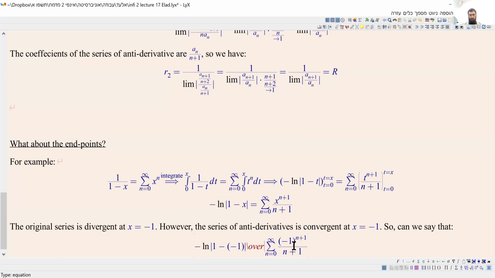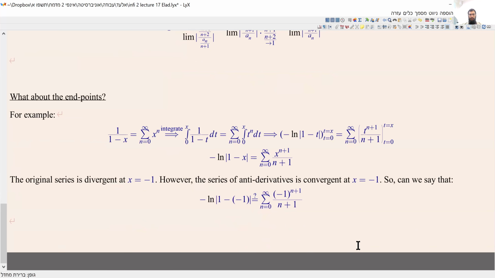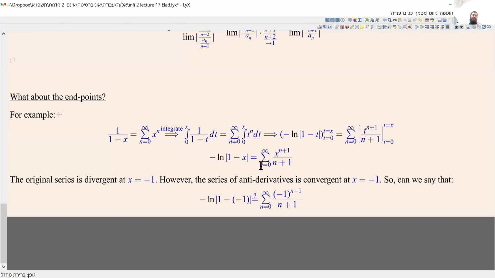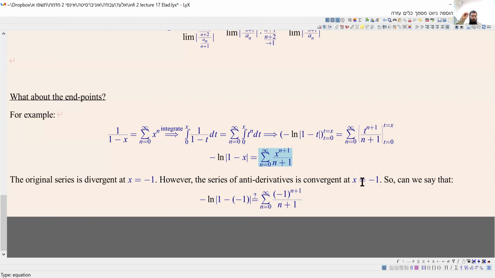So on one hand, the series that we have right now is convergent at -1. On the other hand, integrating element by element, which yields this equation, is, as far as we know, true only when we have uniform convergence.